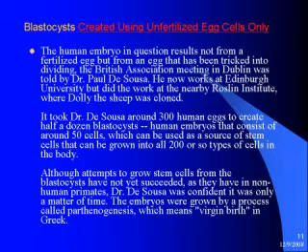It took Dr. DeSouza around 300 human eggs to create half a dozen blastocysts, human embryos that consist of around 50 cells, which can be used as a source for stem cells that can be grown into all 200 or so types of cells in the body.